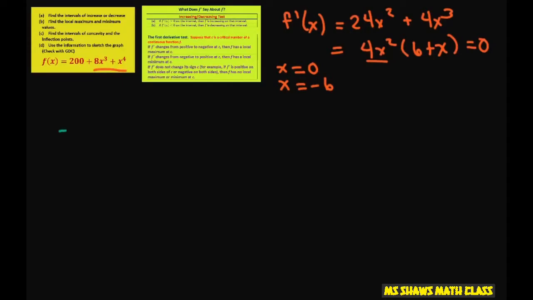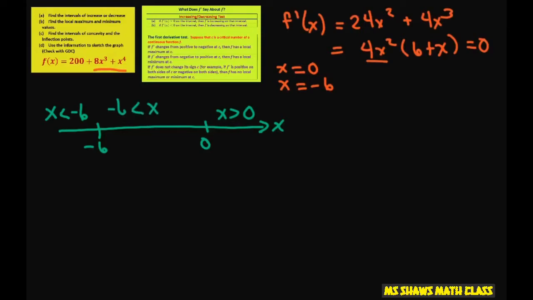So let's do a little sign diagram. Write negative 6 to 0 and see where our interval is increasing and decreasing. This is your x line. We want to know what's going on in between these intervals.